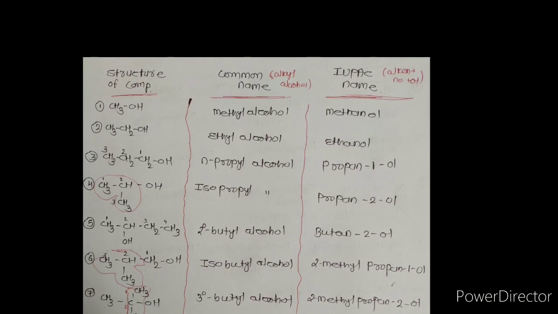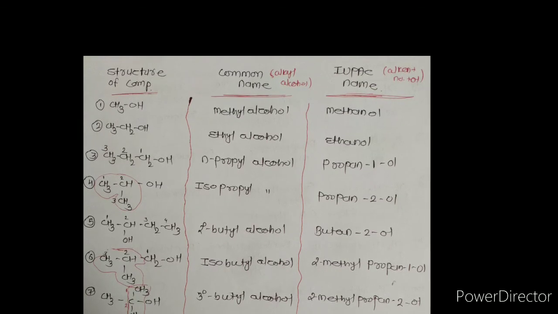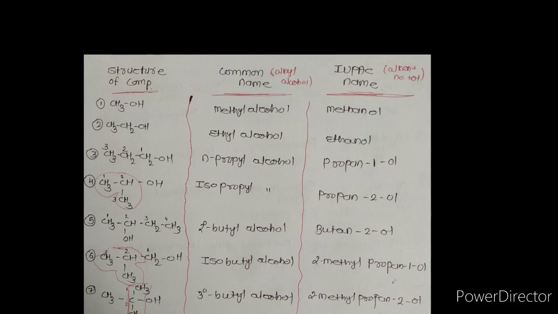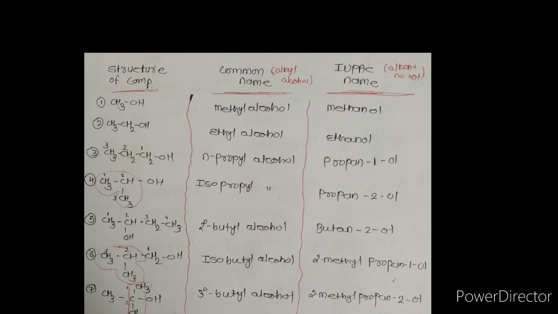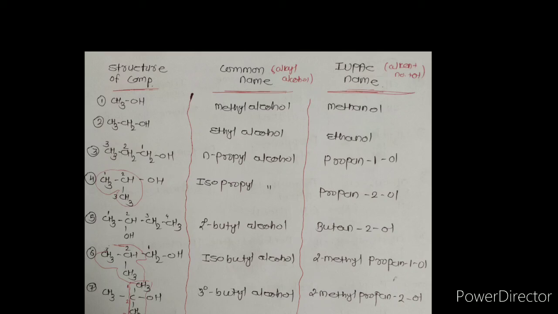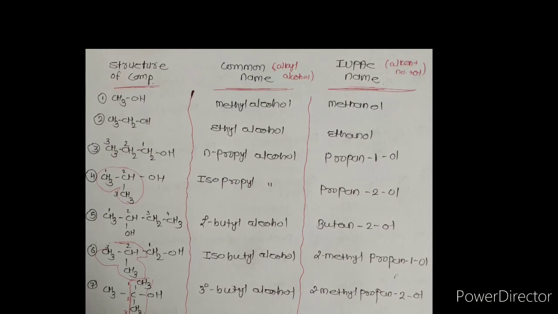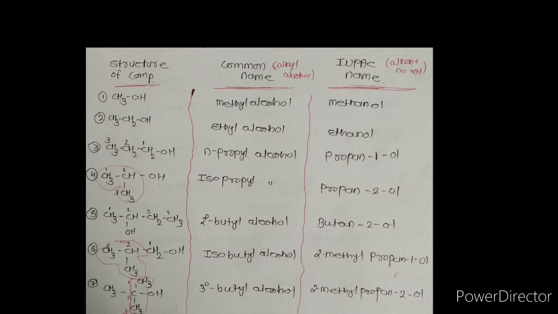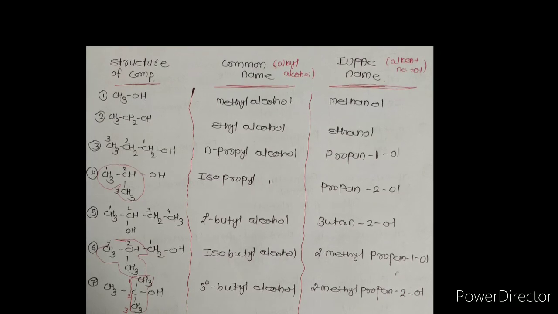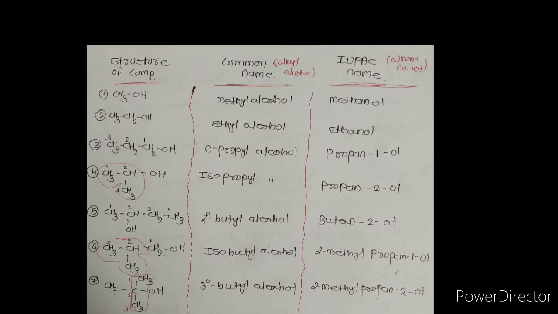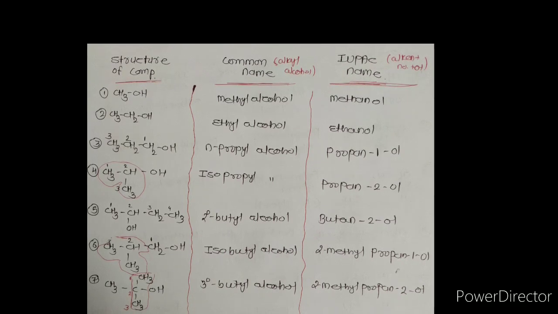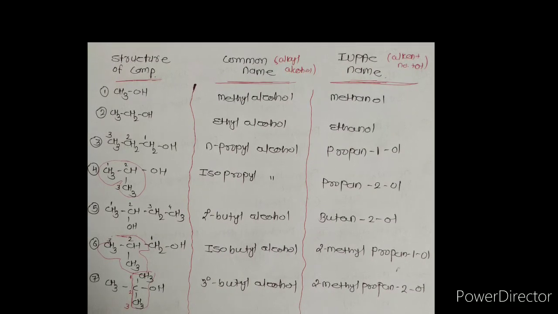Here n stands for normal. This compound is linear and contains 3 carbons, so we put n before the name, hence normal propyl alcohol. Its IUPAC name is propan-1-ol. Here OH is present on the first carbon, that's why we wrote 1-ol.